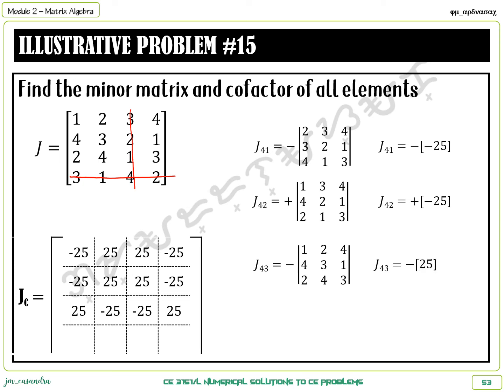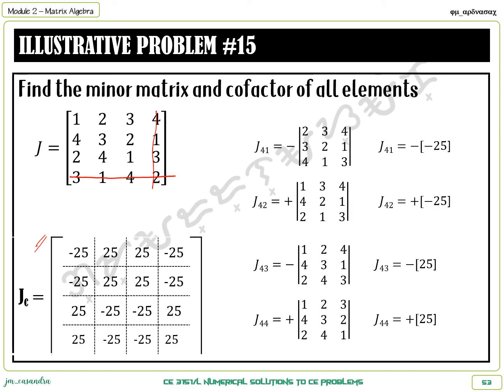So this will be negative 25. And we have 4, 4, which is 25. Okay, so our final equivalent matrix for the cofactor of all elements will now be this matrix.